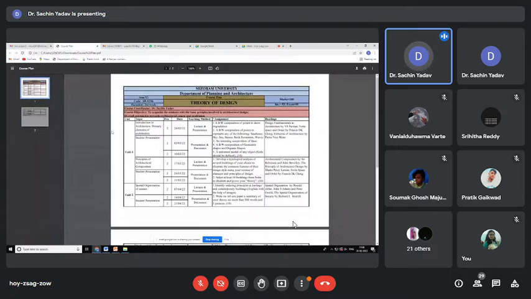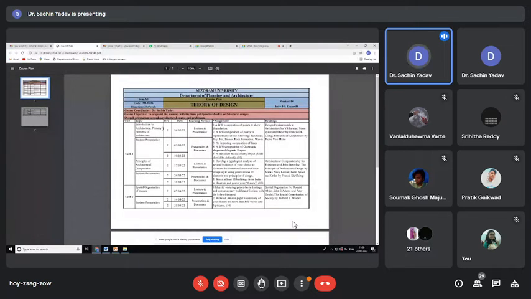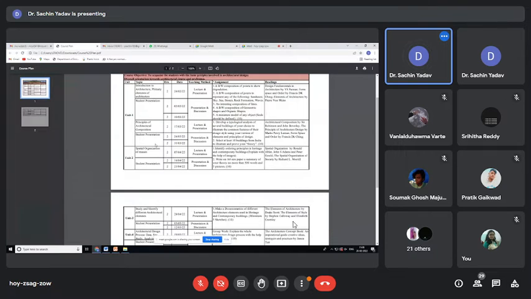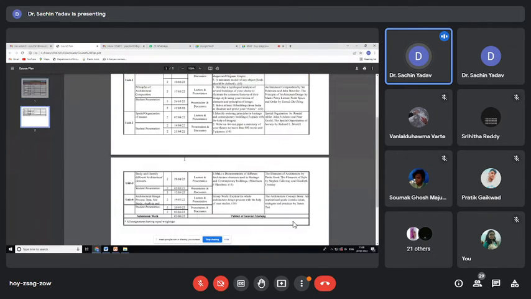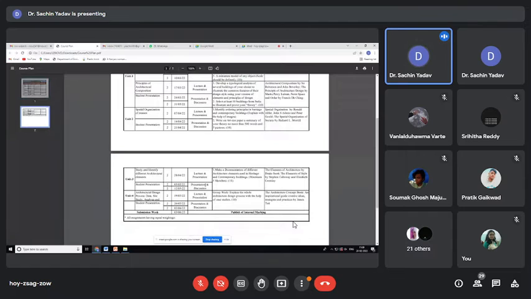right? So in the first unit we will discuss the primary elements of architecture, visual elements, right, conceptual elements. In unit 2, we will discuss the spatial organization of masses, right? The assignment is also defined for each unit, right?